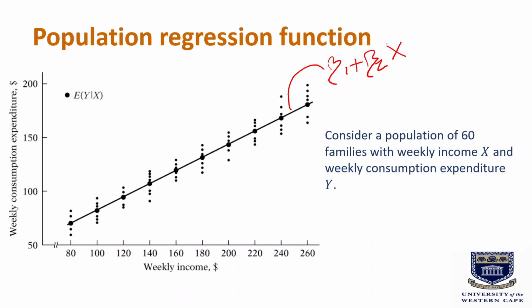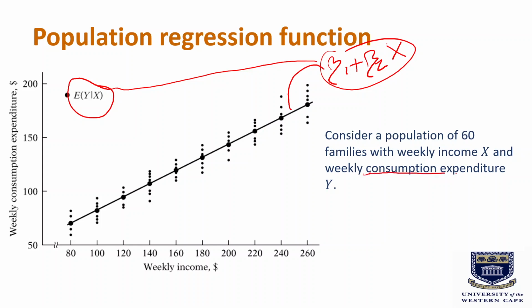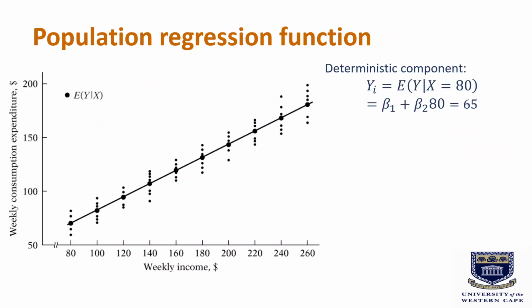And again, this is the expected value of consumption expenditure, y, based on specific values for weekly income, x. And this graph highlights the distinction between the deterministic component of a regression model and the stochastic component.